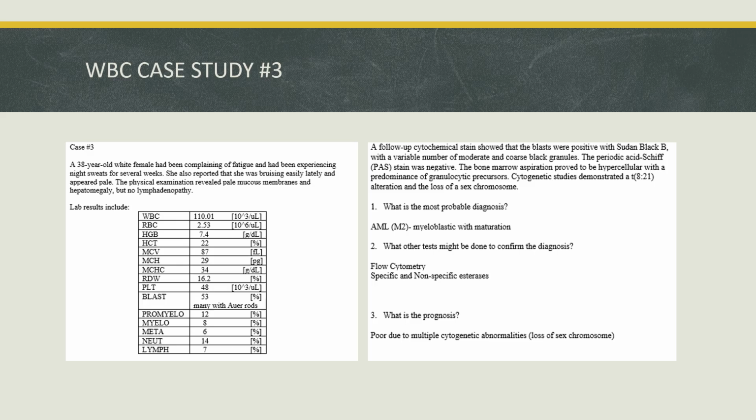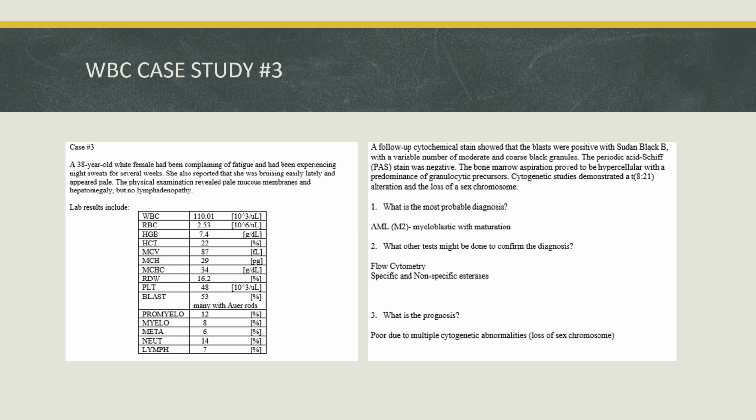So this patient is anemic, which could explain why she has that pale appearance and pale mucous membranes. Her platelets, though, are ridiculously low, 48. That could explain why she has easy bruising lately.